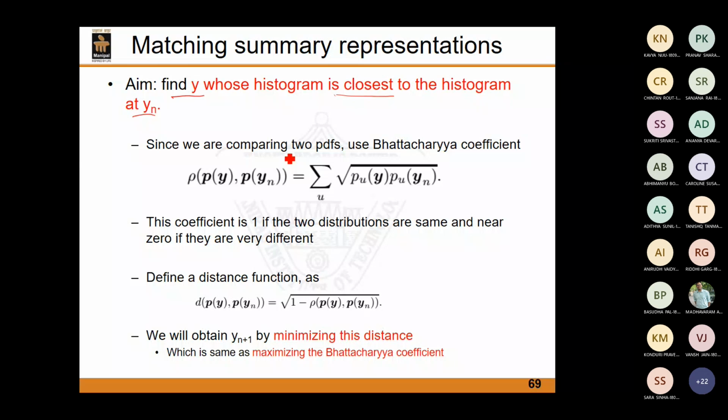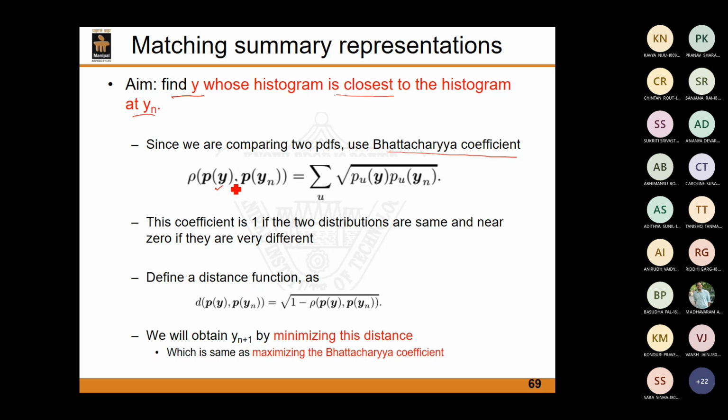Now, in order to do this, you can consider a coefficient which is known as the Bhattacharya coefficient. The Bhattacharya coefficient can be used for comparing two PDFs, or probability density functions. The equation is given over here. Rho of p of y and p of yn is basically the Bhattacharya coefficient.